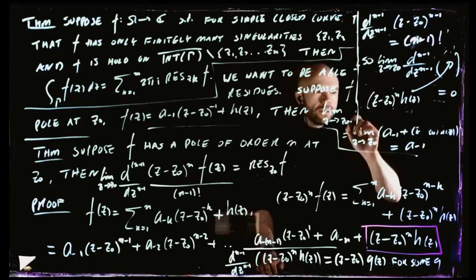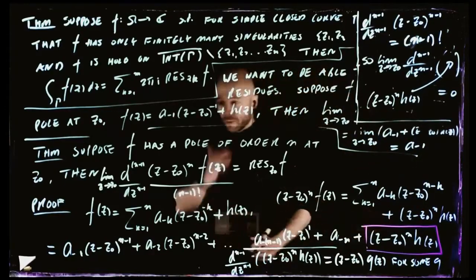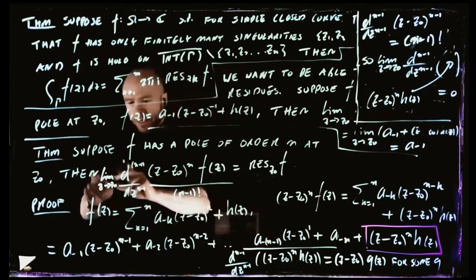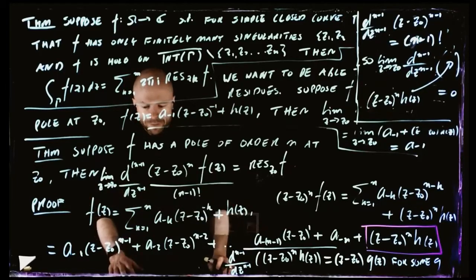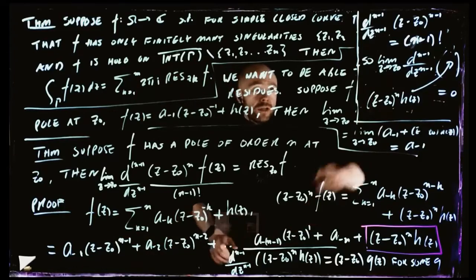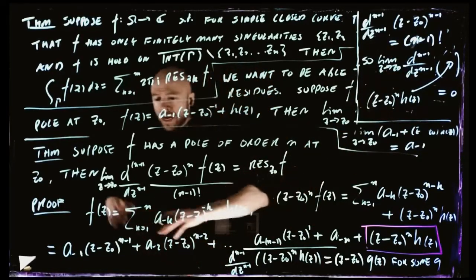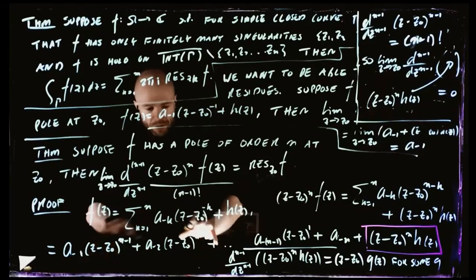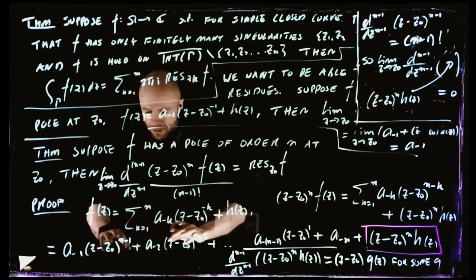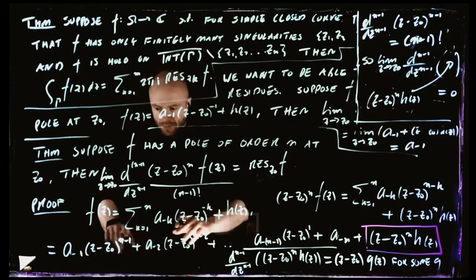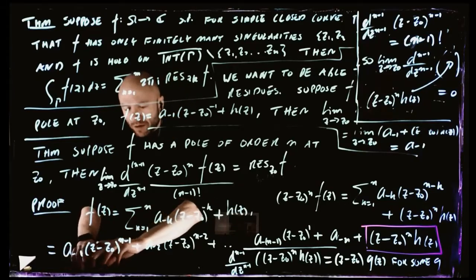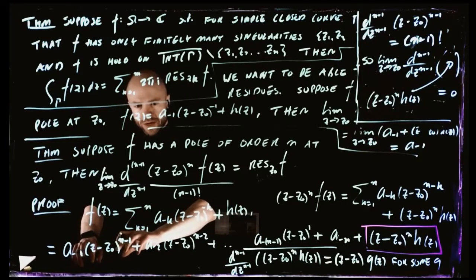So sure enough, this guy dies quietly. It isn't a problem for us. When we take the limit as z goes to z0 of this entire expression, all we're going to get out is just a to the minus 1, because we know that the only survivor of the differentiation of this part is just a to the minus 1 times n minus 1 factorial.